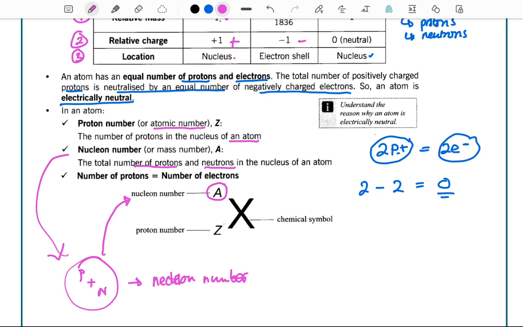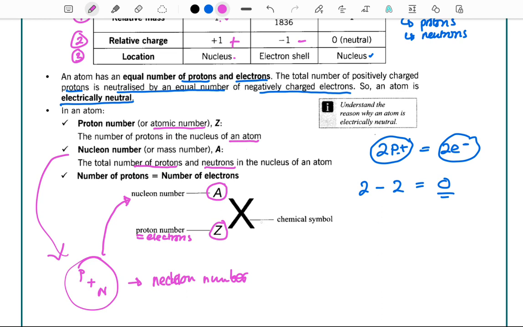And Z here is the number of protons, and also it is equal to the number of electrons. So if we have Z, let's say for example Z is 6, it means it has 6 protons as well as having 6 electrons. Remember, we said an atom is electrically neutral, and it has an equal number of protons and electrons.